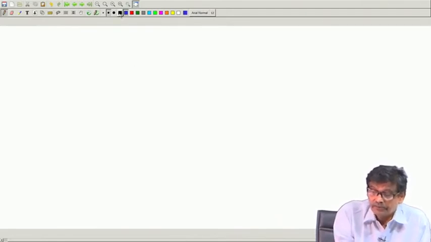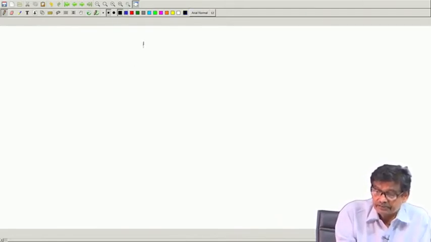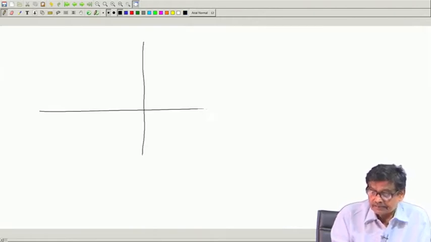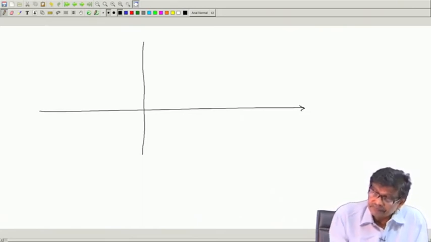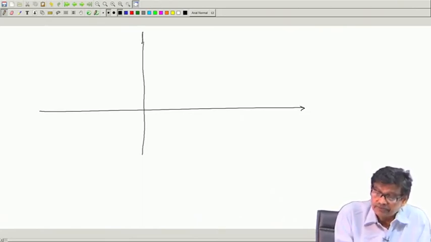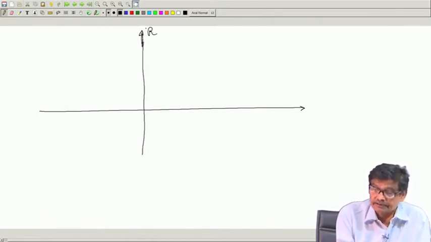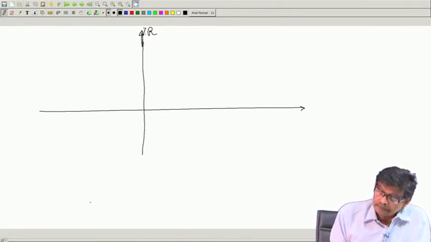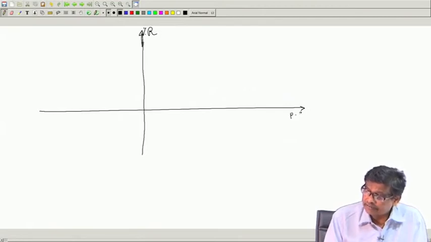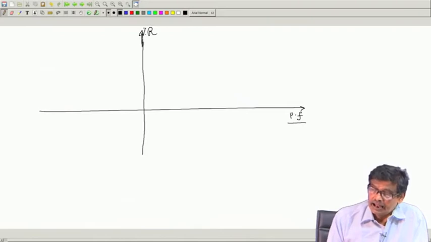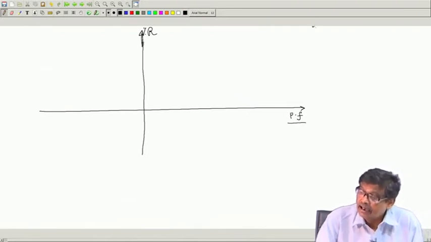So, you sketch this curve in this way, at least one curve I will sketch. So, this is the value of regulation I will sketch, percentage regulation. The regulation curve, and this is suppose you sketch power factor at rated current.